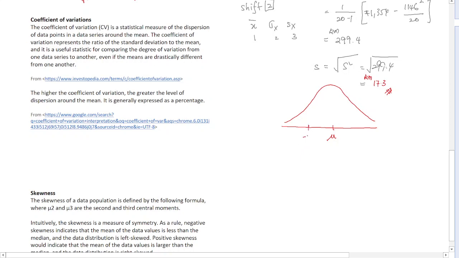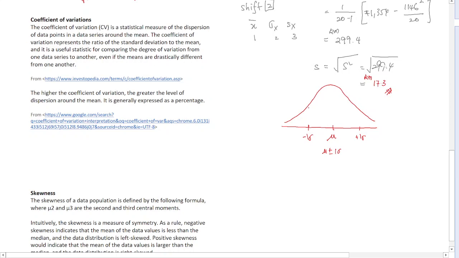So this is minus 1 sigma. Okay, this one will be plus 1 sigma. Okay, within 1 standard deviation. So in this case, mu plus or minus 1 standard deviation. So this is called the interval.